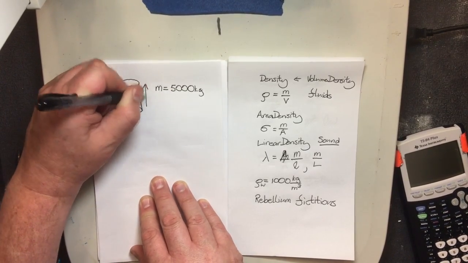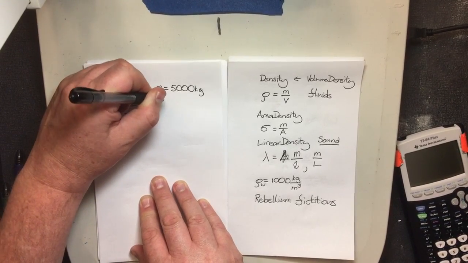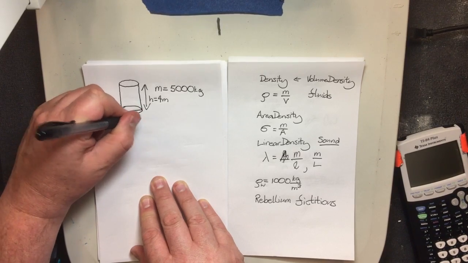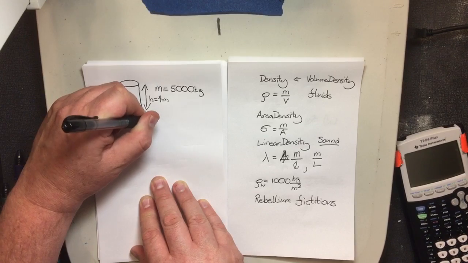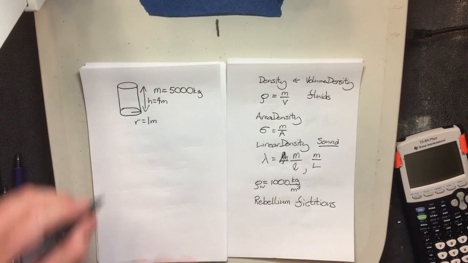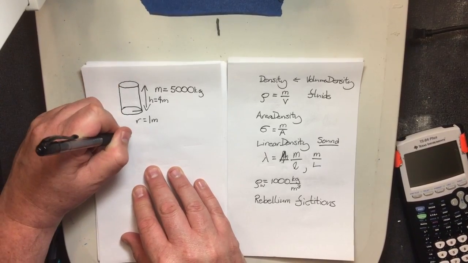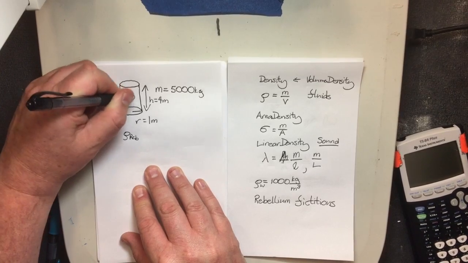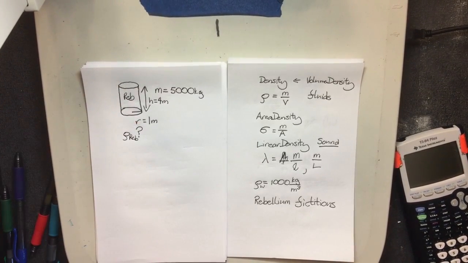The height of the cylinder is 4 meters, and the radius of the cylinder is 1 meter. And this is made of rebellium. The density of rebellium is what?